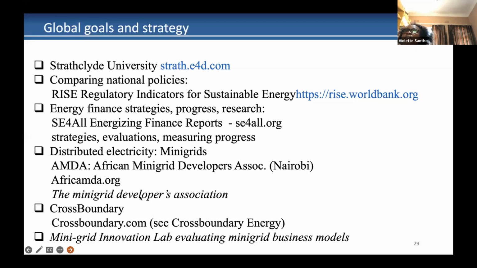So you can borrow a leaf from these areas and also from some of the topics we've discussed in this presentation to help you to come up with an investor-ready business proposal.